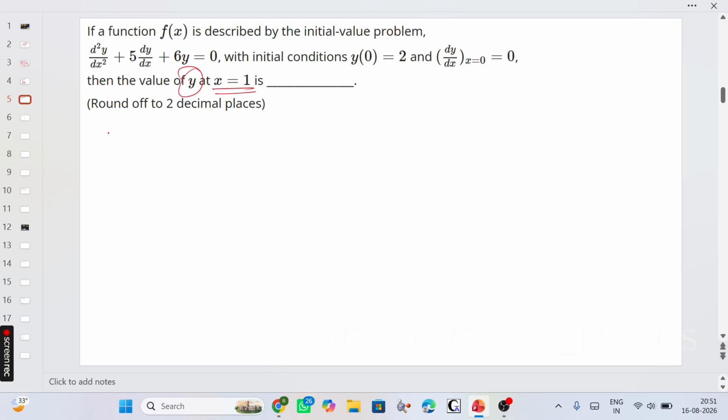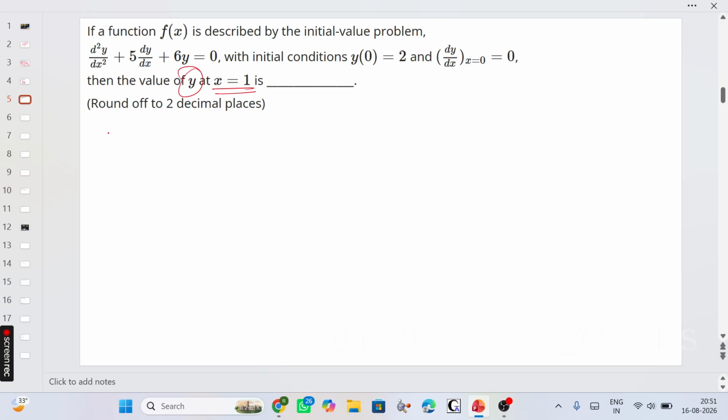So we have y double dash plus 5y dash plus 6y equal to 0. You don't need to write all these steps.